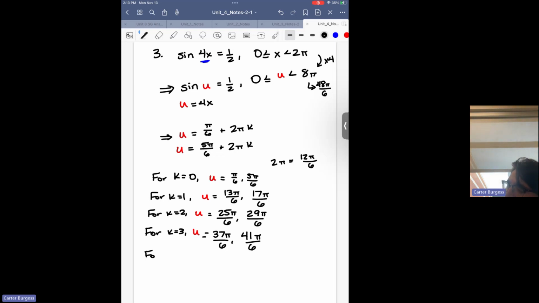When k is 4, adding another 12 pi over 6, I get that u is equal to 49 pi over 6 and 53 pi over 6. And what do I notice? We've gone over that parameter that we set, that 48 pi over 6. We would not include these two values.